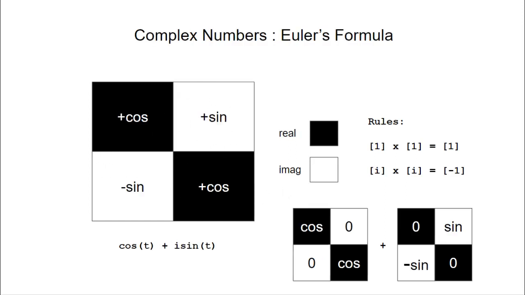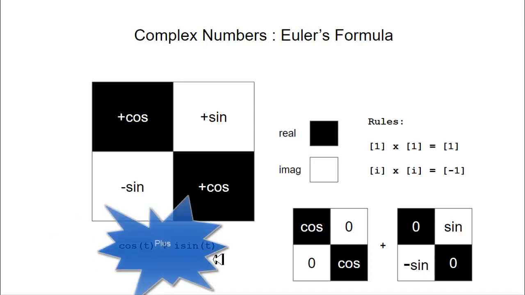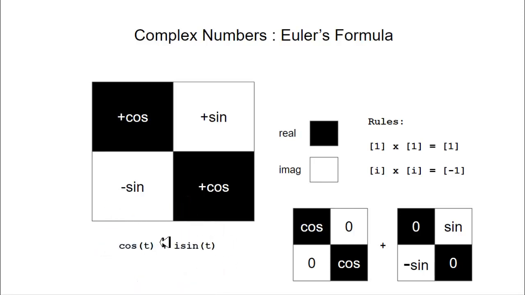In polar coordinates, the 2x2 matrix looks like this. This is Euler's formula: cos of theta plus I sine of theta. Assuming t means theta, though t is sometimes time. Cosine is on the forward diagonal in the black region, and it has the same sense. In this case, it's positive.